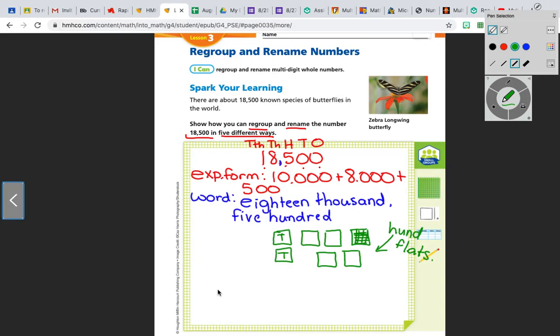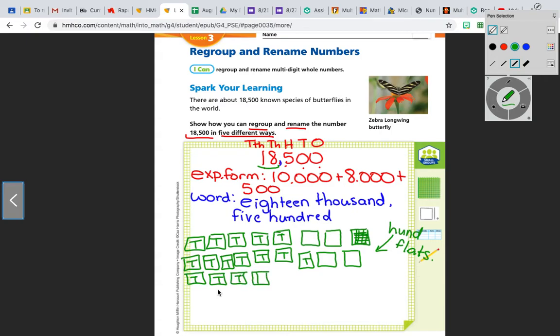2,000. How many thousands do we need to draw? 18 of them. So 1, 2, run out of space. 3, 4, 5, 6, 7, 8, 9, 10, 11, 12, 13, 14, 15, 16, 17, 18.